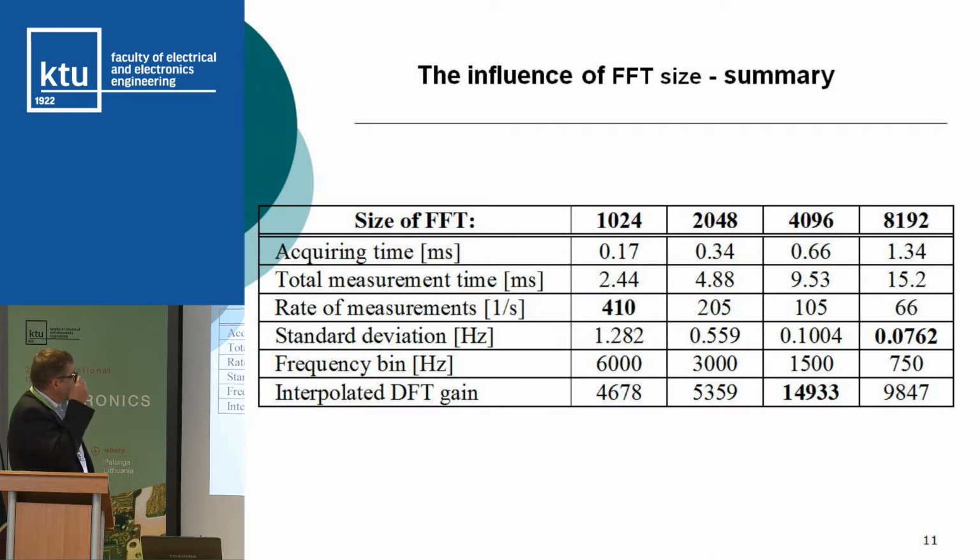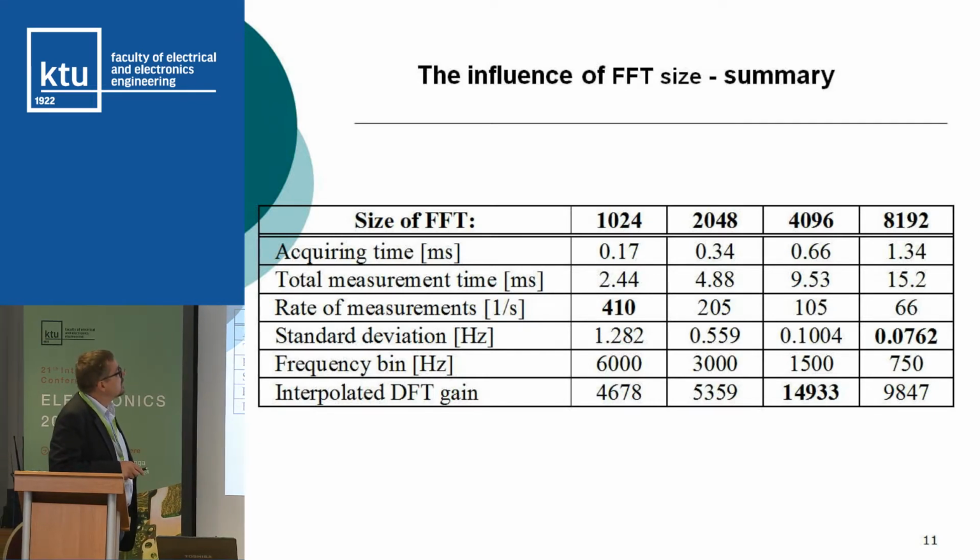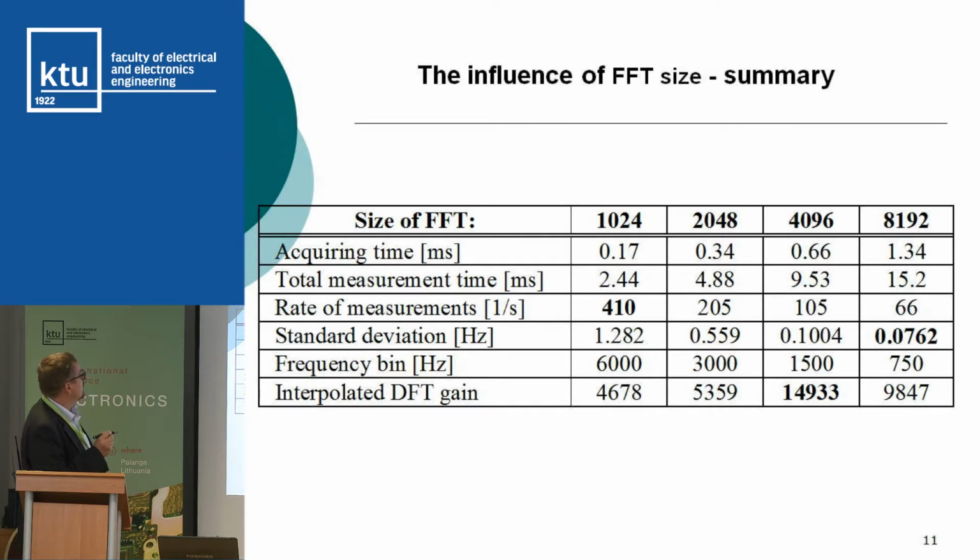Let's summarize these main properties of the method. As could be expected, the best estimation was achieved for the greatest FFT size, and in contrast, the highest rate of frequency measurements was achieved for the smallest FFT size.